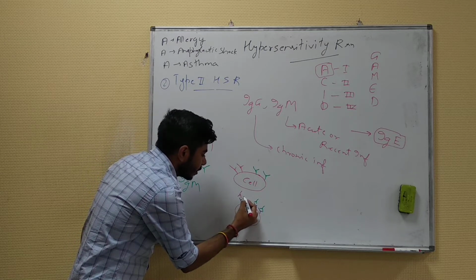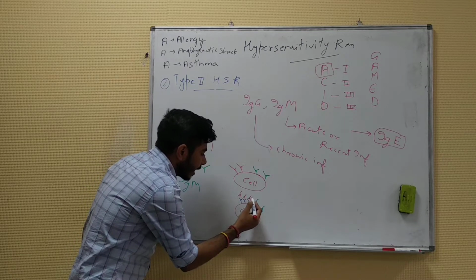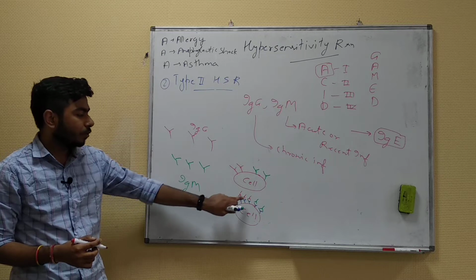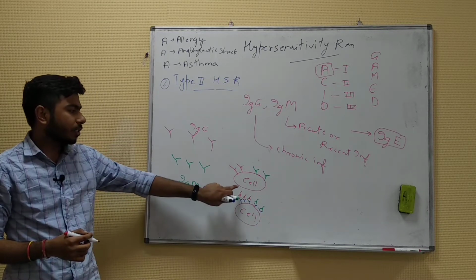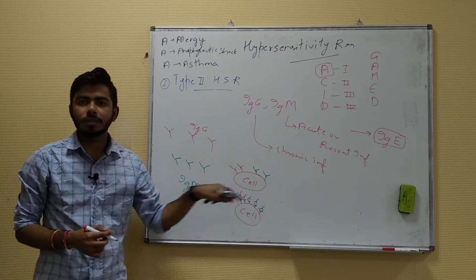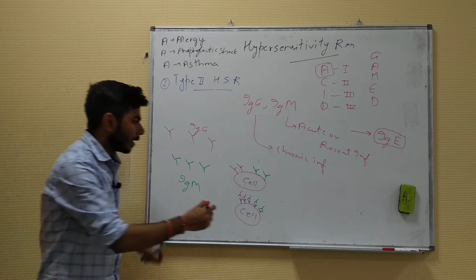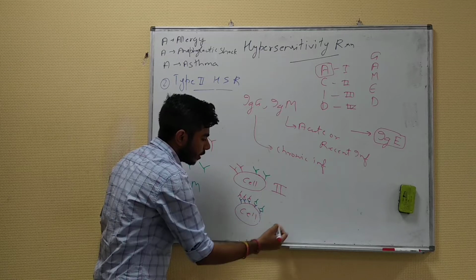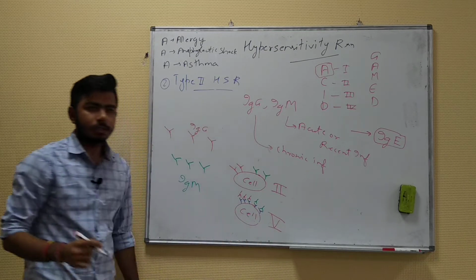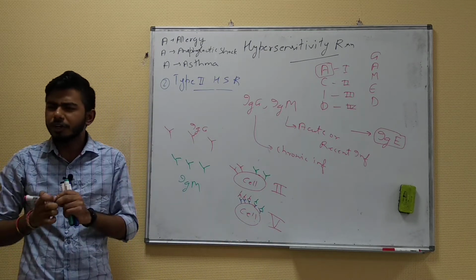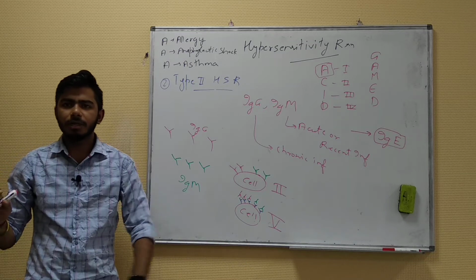In type 5 hypersensitivity, they bind to the receptor of the cell. In type 2 hypersensitivity, they bind to the surface of the cell. This is the major difference between type 2 and type 5 hypersensitivity. You don't need to remember type 5 hypersensitivity.